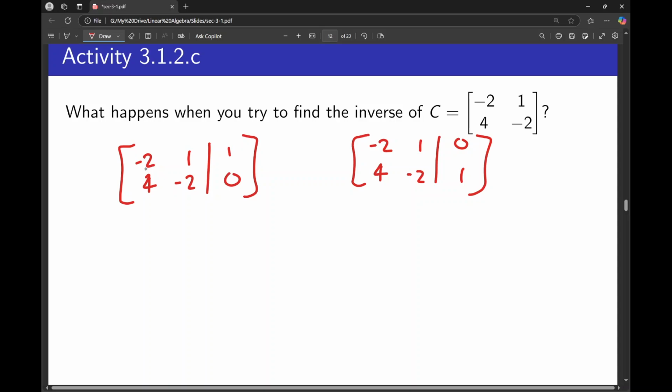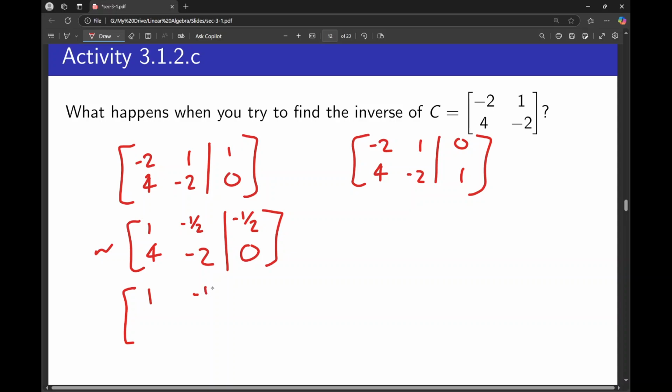The normal thing to do would be to divide this first row by negative... well, let's just do it. So first row by -1/2, so you get 1, -1/2, -1/2, 4, -2, 0, and then we annihilate the 4.